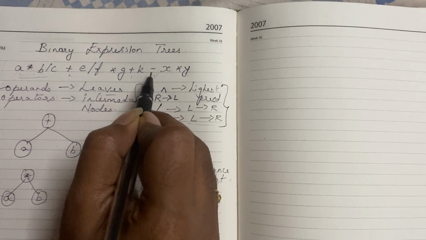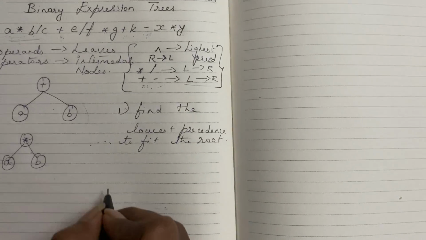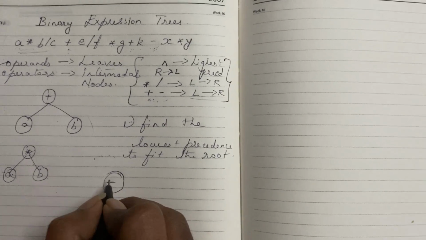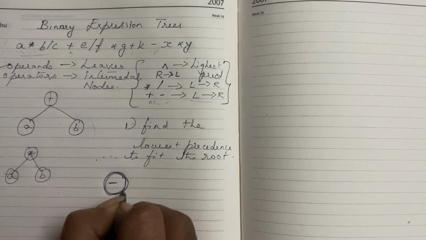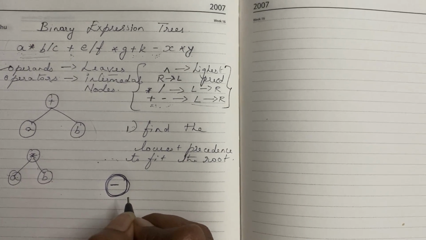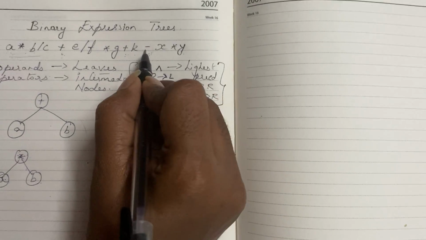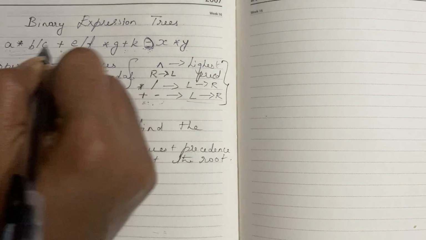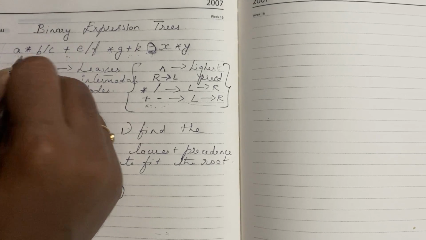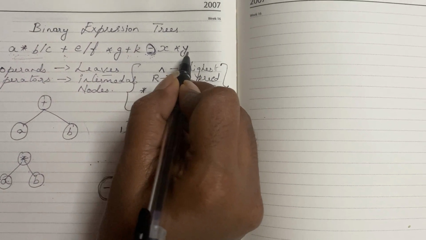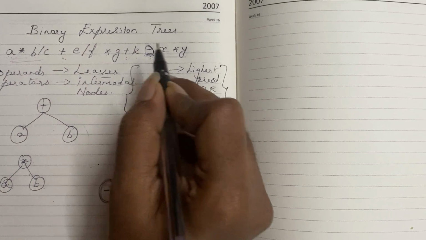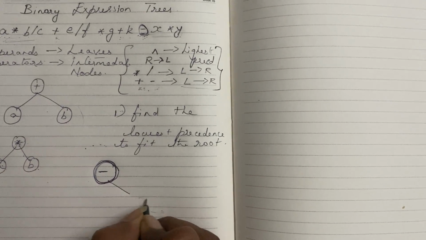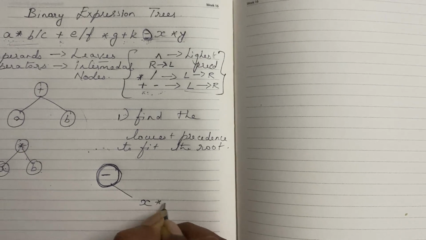When you find the lowest precedence, it has to take place at the root. So this will be the root of your expression tree. You have taken this minus, and before it you consider the left subtree, and after this minus symbol you consider the right subtree. So you have to take x into y.